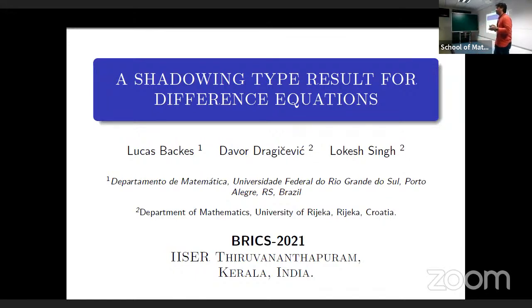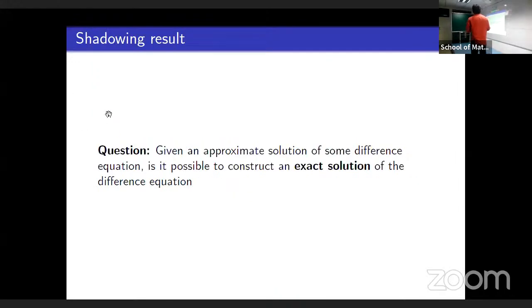To explain what a shadowing type result is, let me pose one question first. Given an approximate solution of some difference equation, can one construct an exact solution? And not just any exact solution, but the exact solution should be close to our given approximate solution.